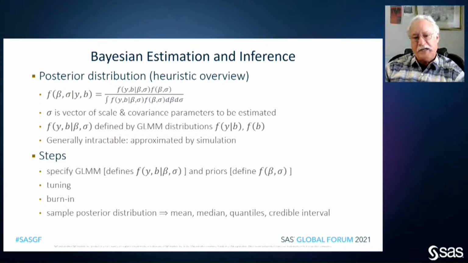Once we have that, we can get its mean, its median, and strategic quantiles that we need, and those become the basis for credible intervals. So in this tutorial, we're going to focus on working with these models and leave it for another day to actually go through the considerable math stat that's involved in these estimation steps.